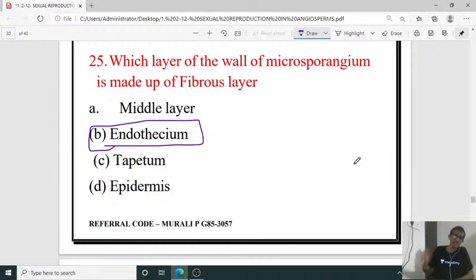The middle layer, then endothecium, outer layer epidermis, and the innermost layer is the tapetum. Yes, Shishika, you are right.